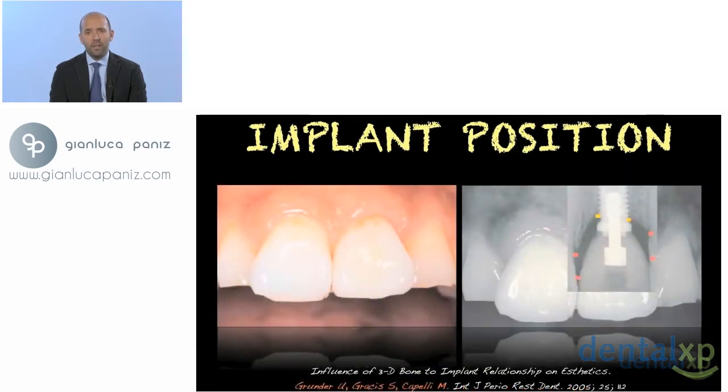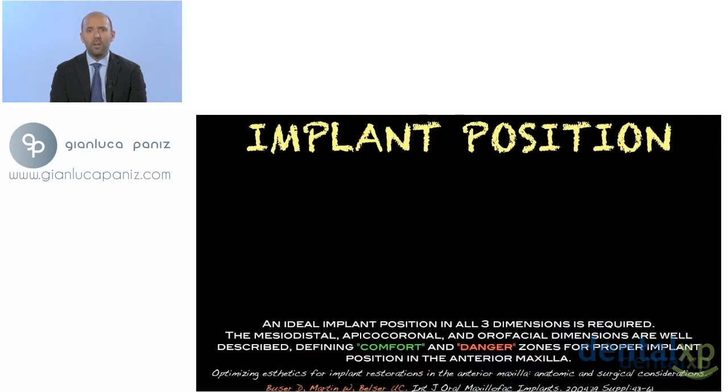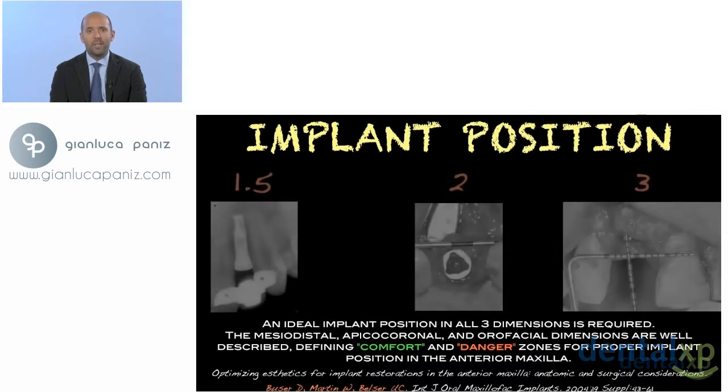We have plenty of literature telling us where to place our implant in relation to the bone and to the adjacent existing dentition. In particular, this paper from Daniel Buser explained important information, describing two different zones, a danger zone and a comfort zone, where we can place our dental implants.